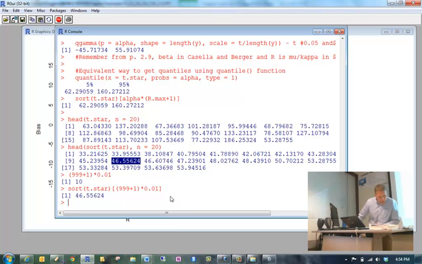And that matches up with what we have on page 233 for the very first T star that you see in that data frame. And that, in the notes, was calculated using the quantile function.